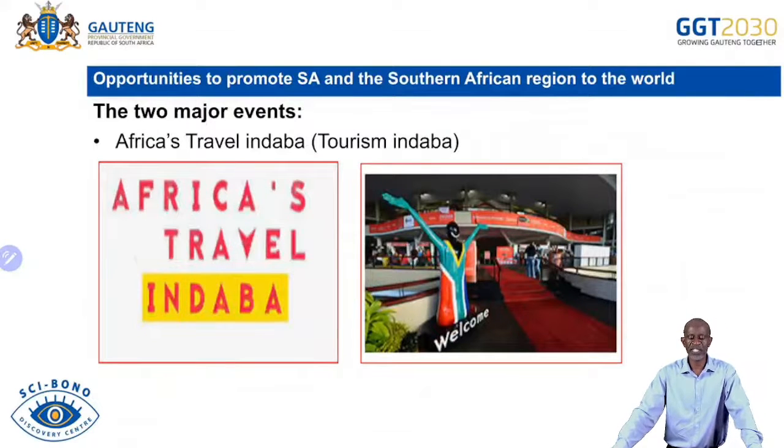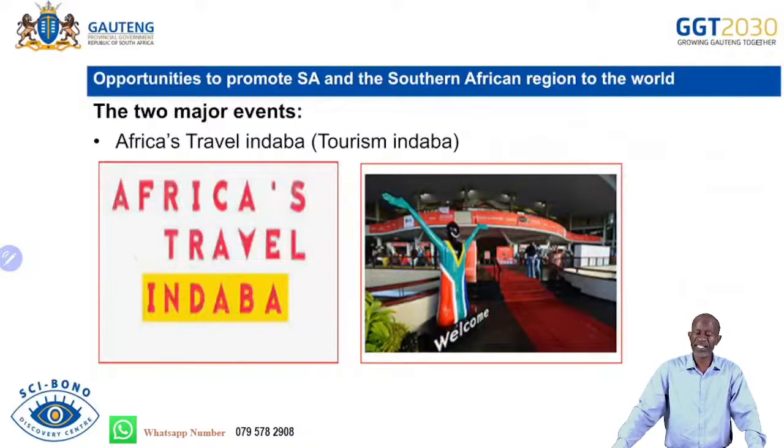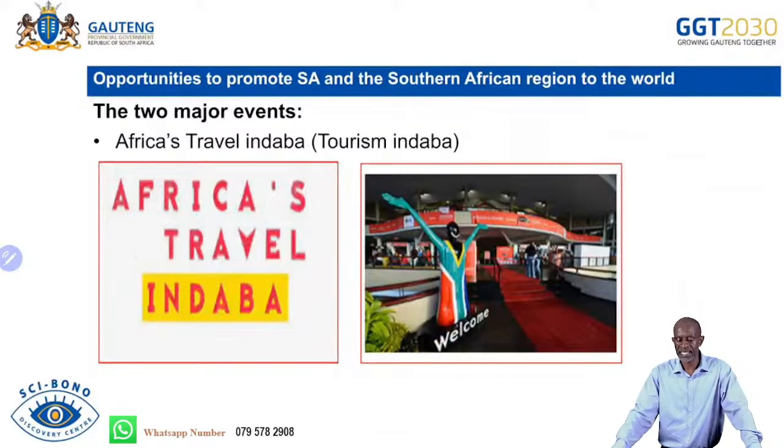There are further opportunities to promote South Africa and the southern region in the world. So there are two major events that help promote South Africa and the southern African region, or you may simply say the SADC countries of the world.